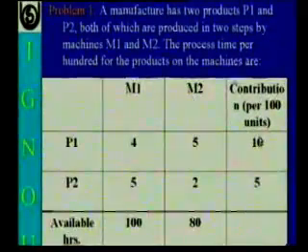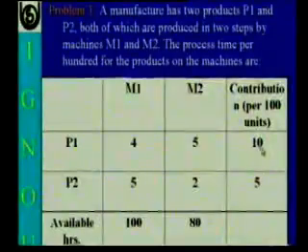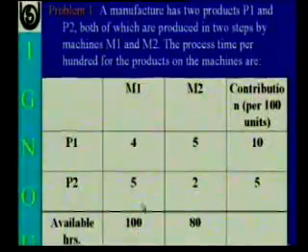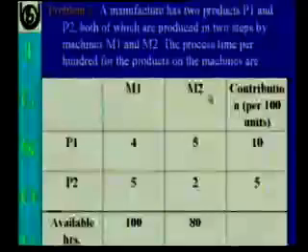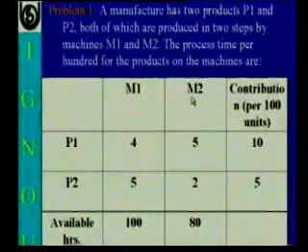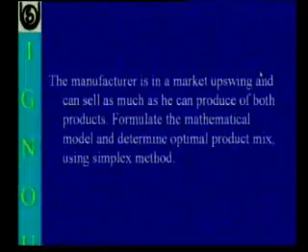This is the contribution made by P1 and P2. These are the total number of hours available on machine 1, and this is the 80 hours which are available on machine 2. The manufacturer can manufacture any quantity, but there is a constraint of the number of hours available on each machine.